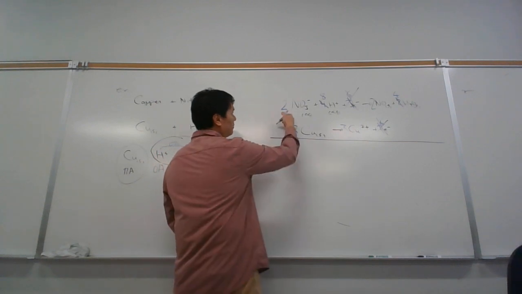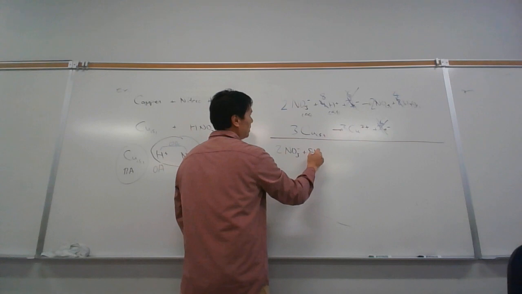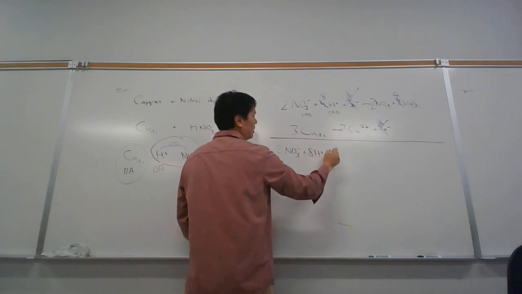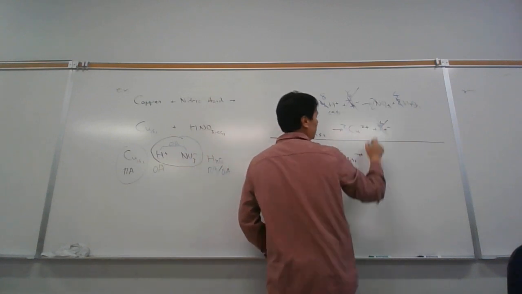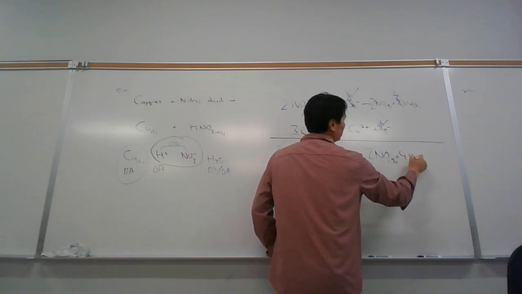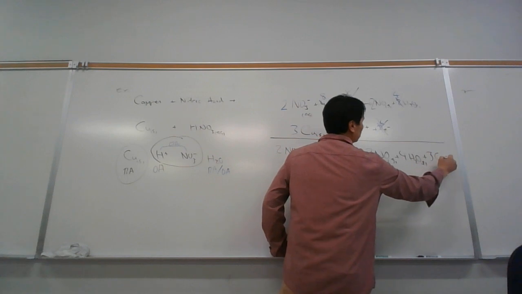So everything on the left is going to be 2 nitrates plus 8H plus. That takes care of the top one. Then I'm going to combine it with the bottom one here, 3Cu solid. This is going to go to 2NO gas plus 4H2O liquid plus 3Cu2 plus.